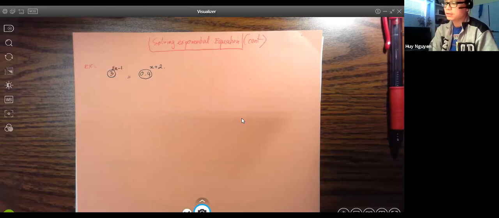Just think about it for a minute: how would we convert 3 to 0.4, or 0.4 to 3? One is a whole number, the other is a decimal.